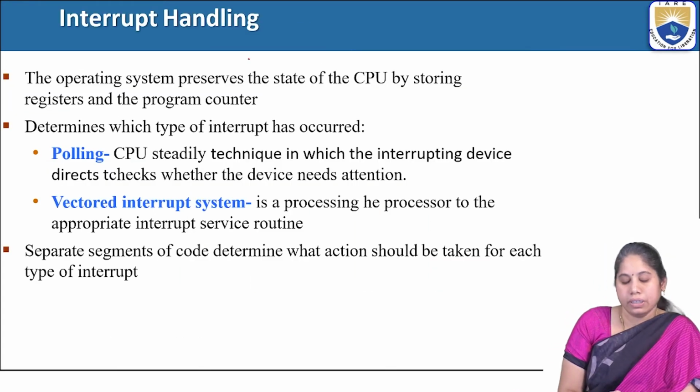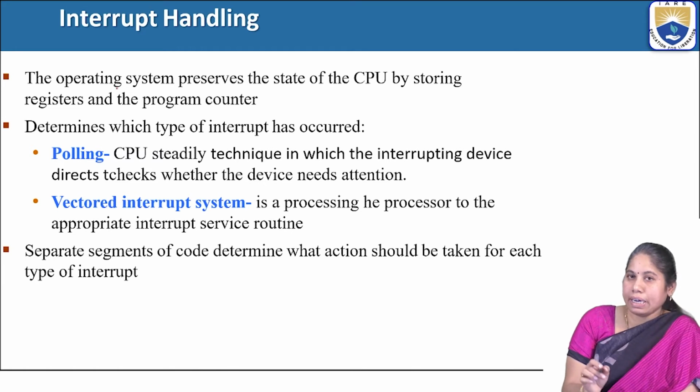So here, interrupt handling. As we have discussed before, when a CPU wants some information from another device, or any device makes a request to another device and has to give some information also, any communication has to happen with the help of interrupts only.